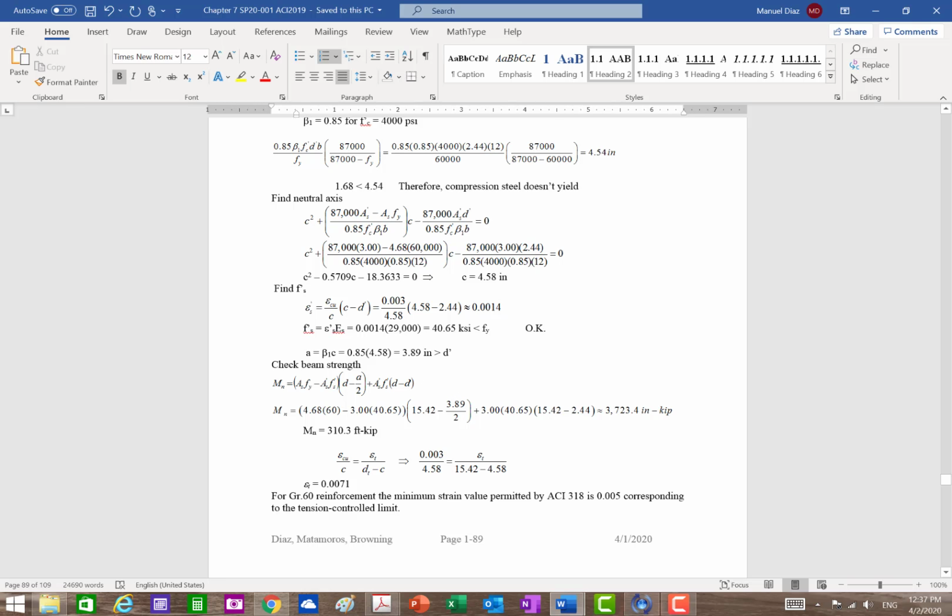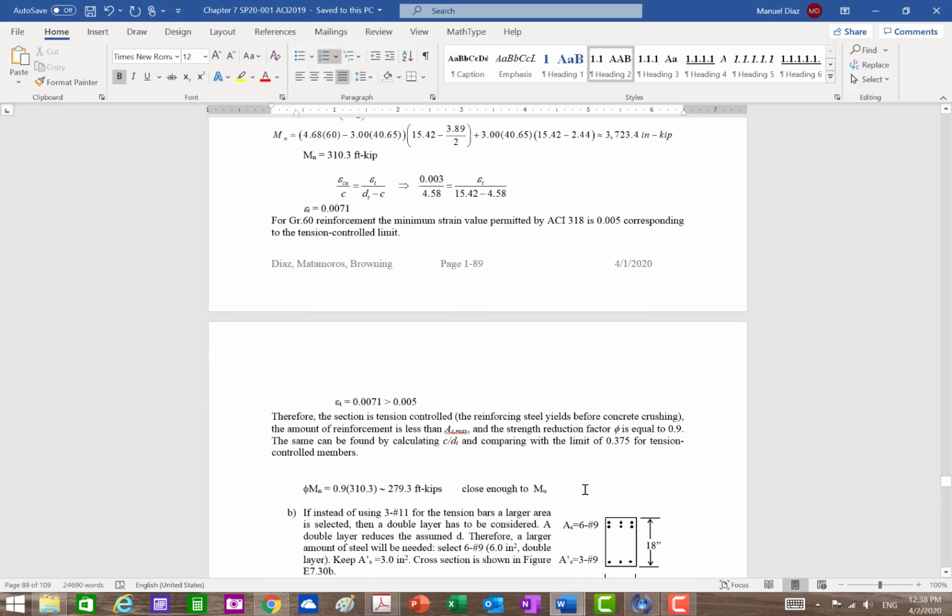Remember, it has to be greater than d prime, otherwise the bar is not in compression, right? And then we find our M sub n, check ductility, and notice this, right there, the increase in ductility. Now we're good in ductility, see? Very, very good, compared to the value for grade 60. So that's the advantage of doing that. So we satisfy that.